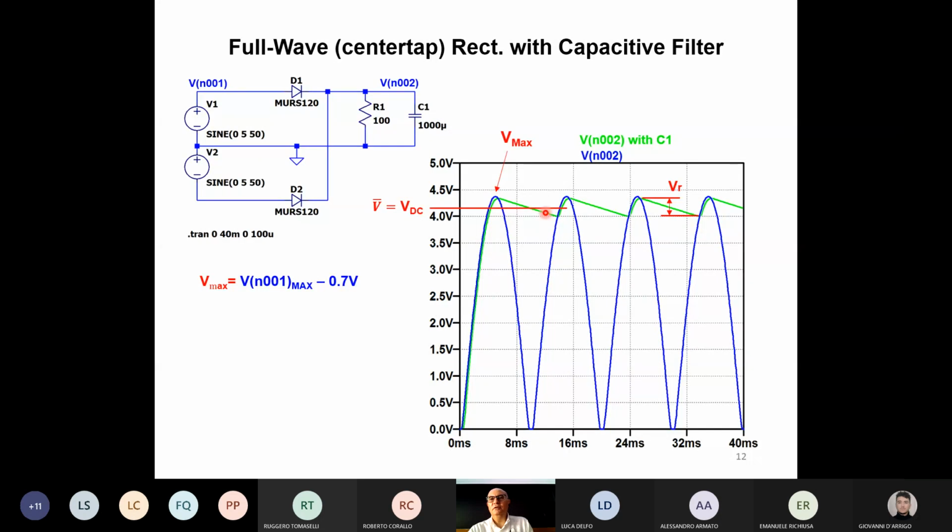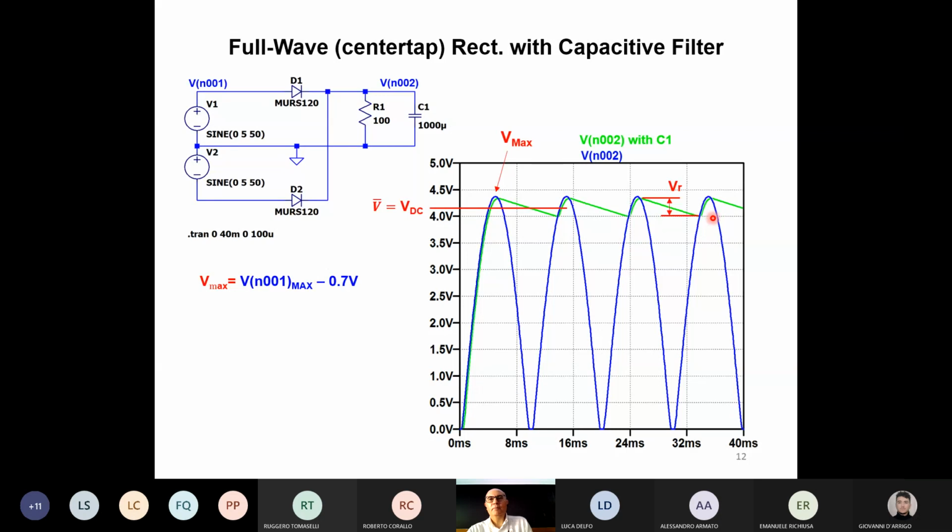The output voltage is the green line. Here again, we can consider an average output voltage, which is called the VDC, or V with top line. That's the average. And we mean as V ripple the peak-to-peak amplitude of the green line.